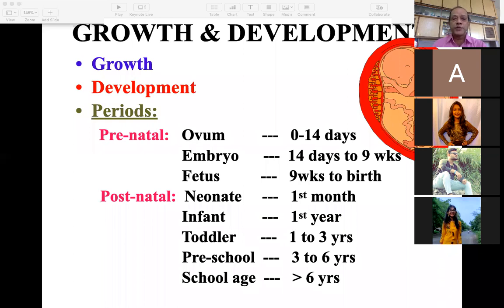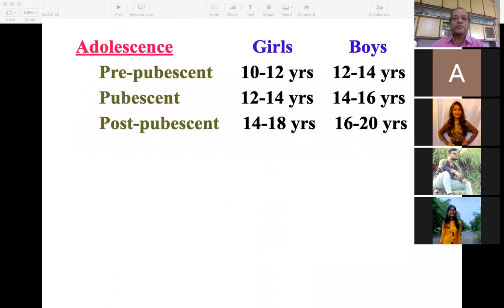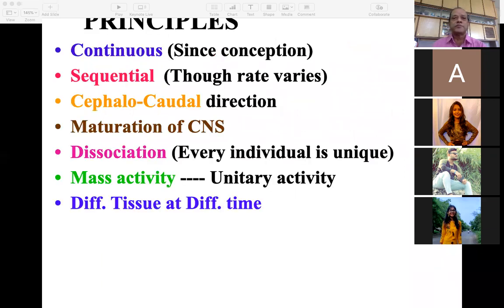The postnatal period: the first month is neonate, first year is infant, 1 to 3 years is toddler, 3 to 6 years is preschool, and after 6 years it is the school age. Adolescent, for all practical purposes, is divided into three parts: the prepubescent, pubescent, and postpubescent. We'll have a separate class on adolescence where you will get the details.